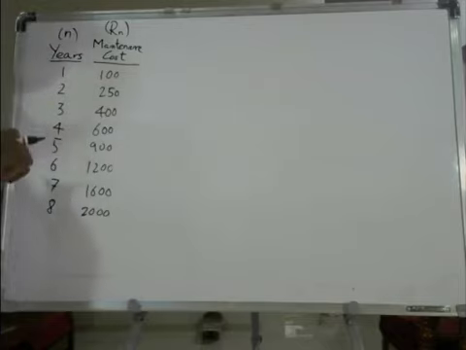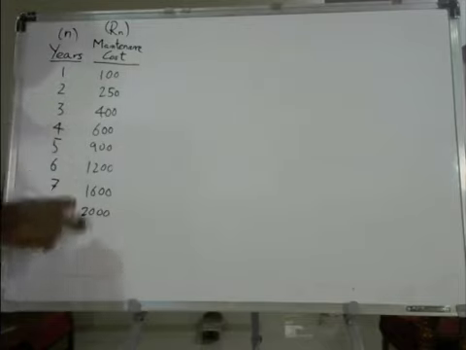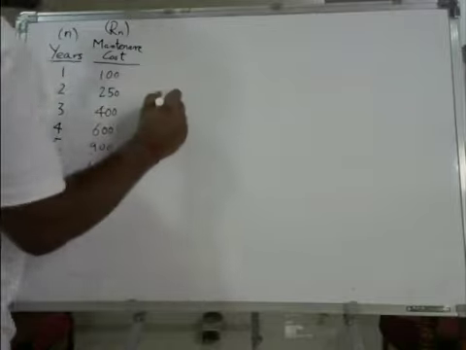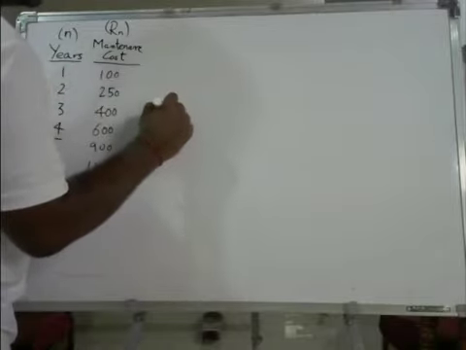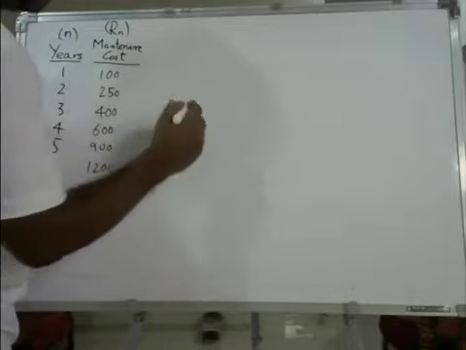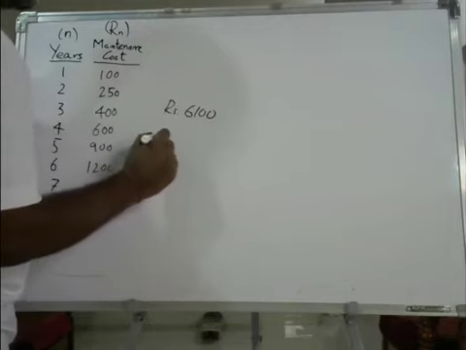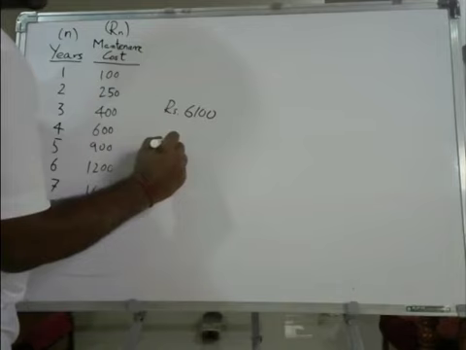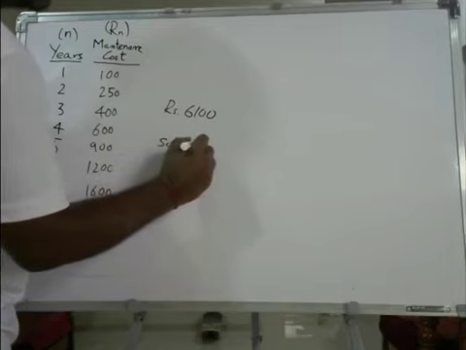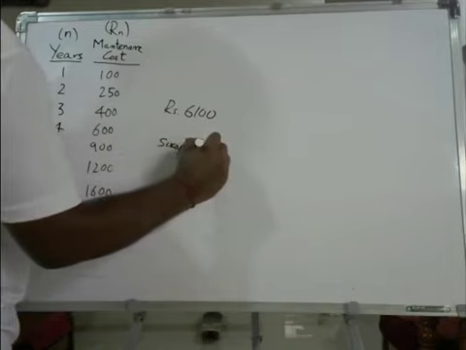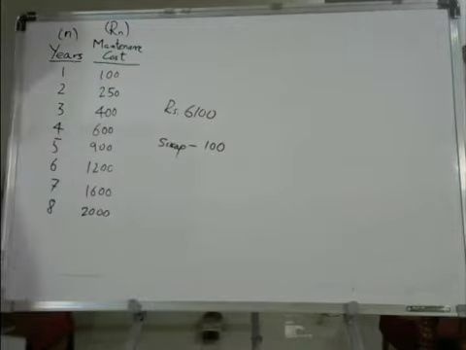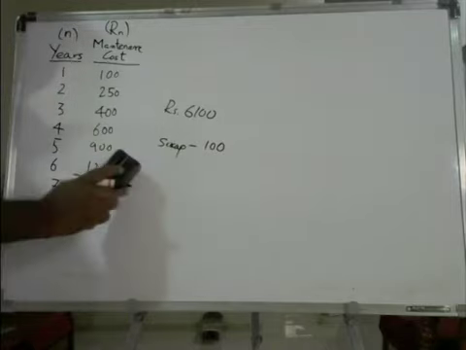Now what they're asking is, with these maintenance costs, and the cost of purchasing the equipment for the first time is 6,100, and the scrap value is rupees 100, in which year would you like to replace the equipment? That is the question.